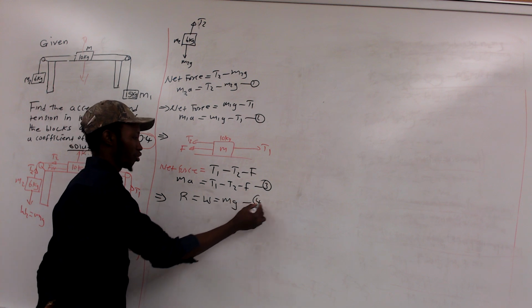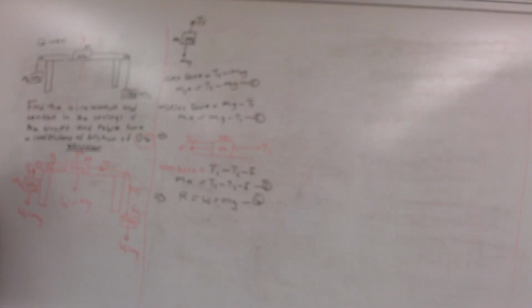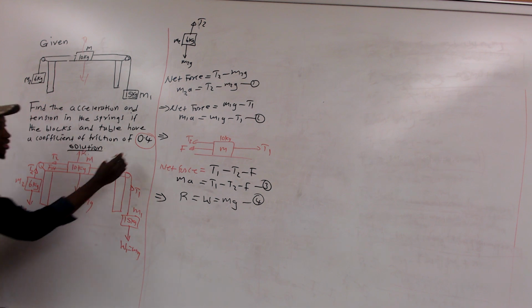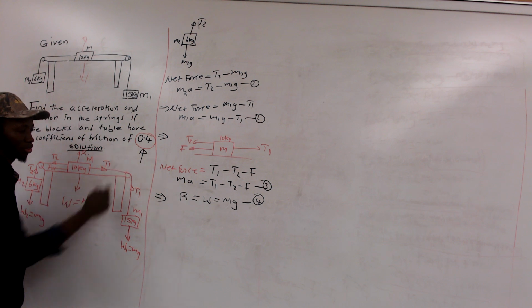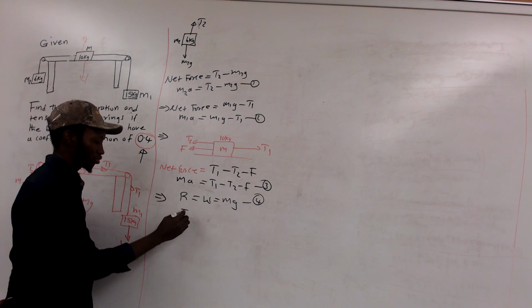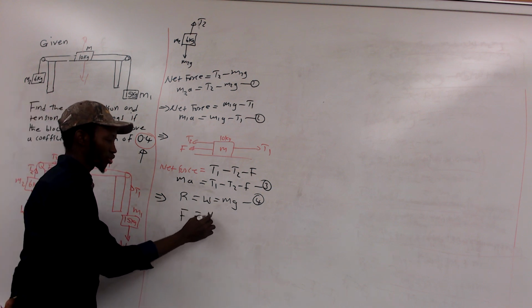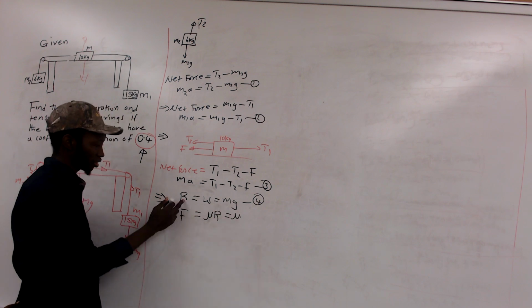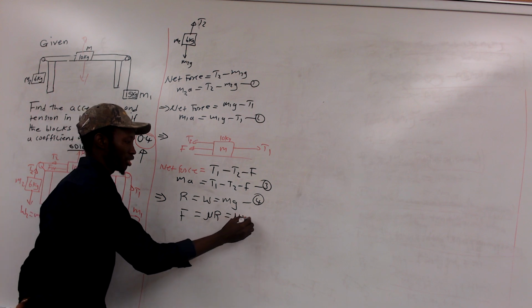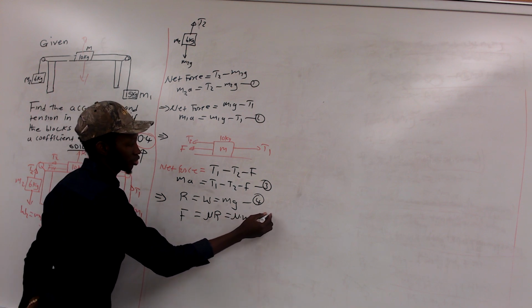This is equation 4. But we are also given this drag force, which has a coefficient of friction of 0.4. So the drag force equals the coefficient of friction times the normal reaction. So it's going to be mu times R, and the normal reaction is mg, so F equals mu mg. This gives us equation 5.